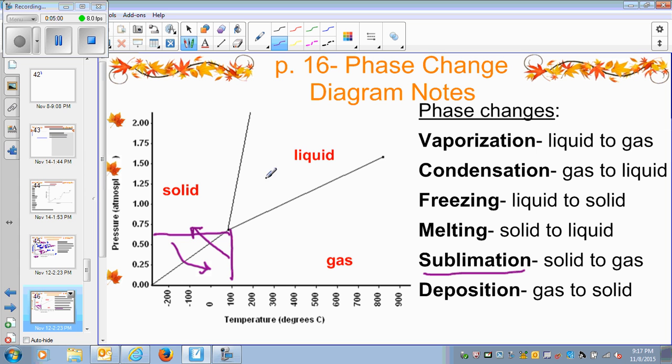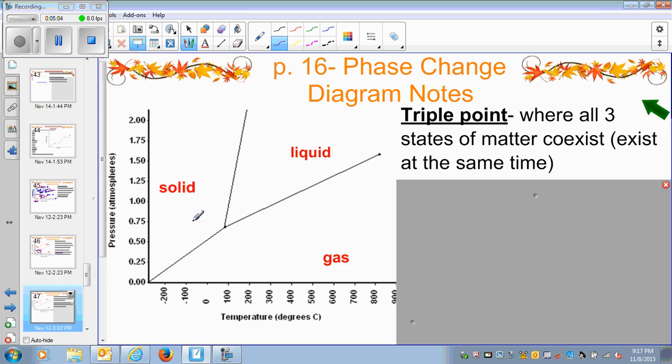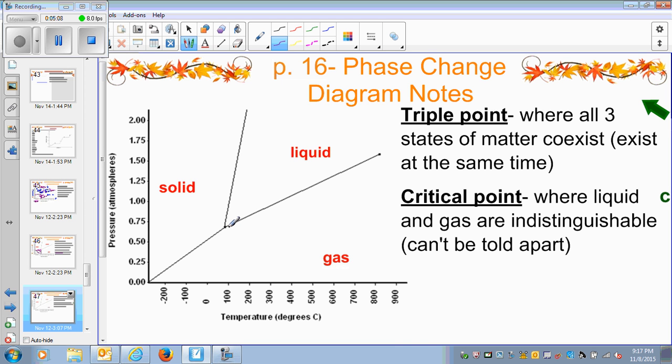Above this it's all three phases. Then there is a triple point, which is a point at which all three states of matter coexist or exist in equilibrium. Equilibrium means they coexist, exist together.